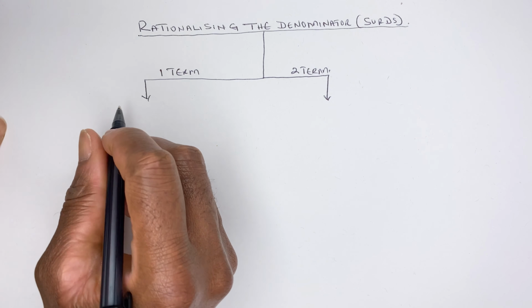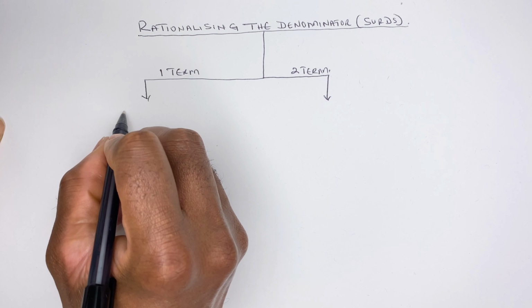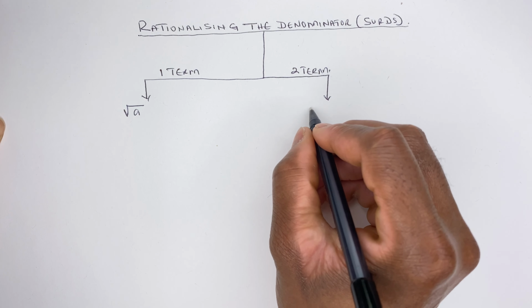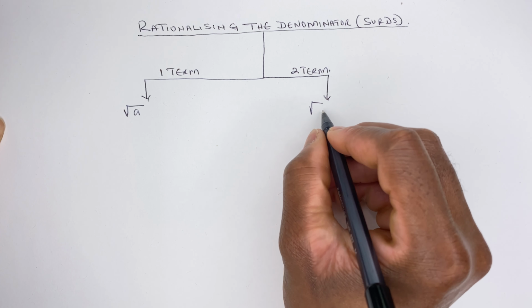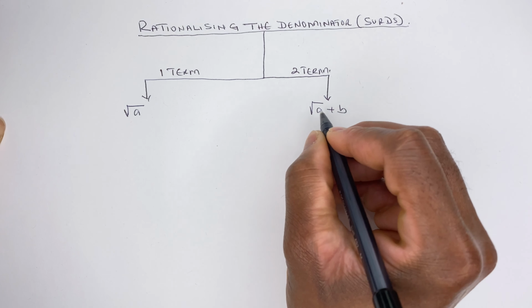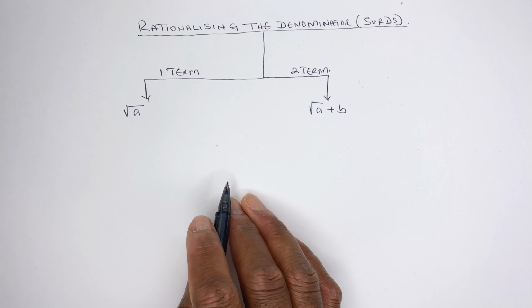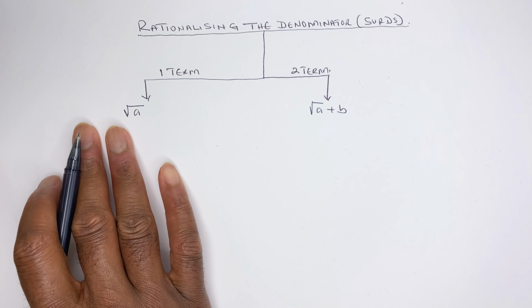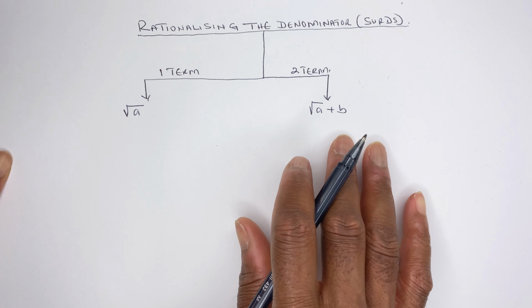What is one term? An example would be root a is one term. Two terms would be root a plus b, something like that. You have to watch out for this because when you see these things, it can be confusing.